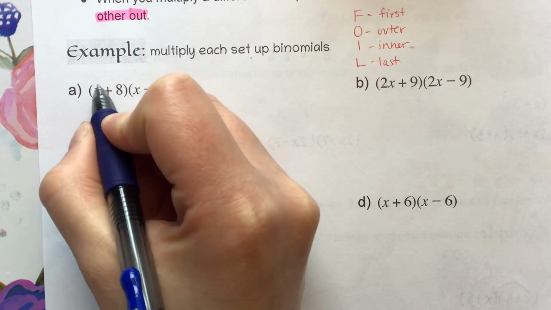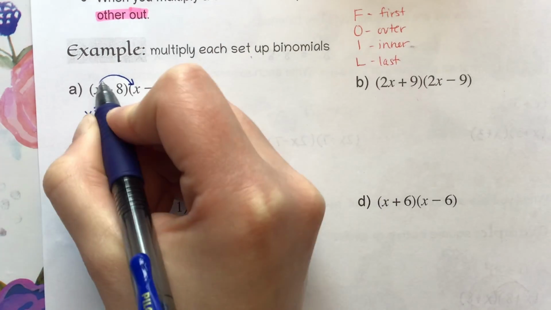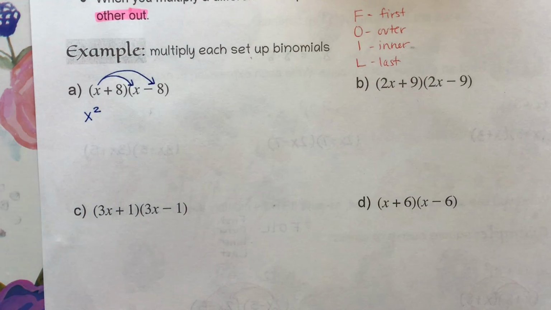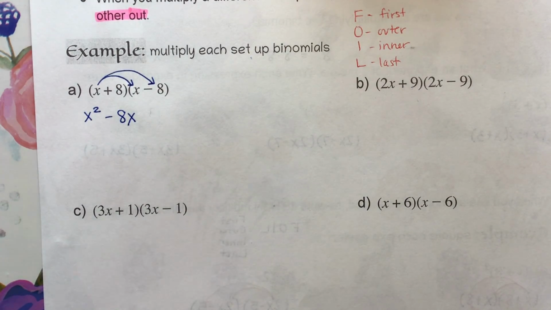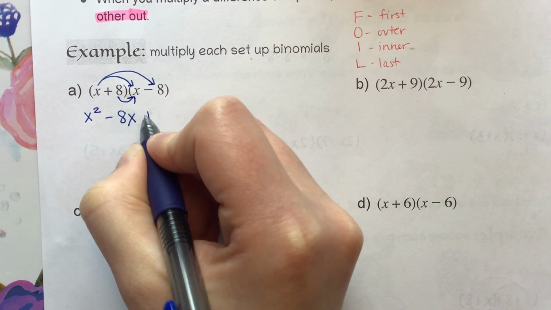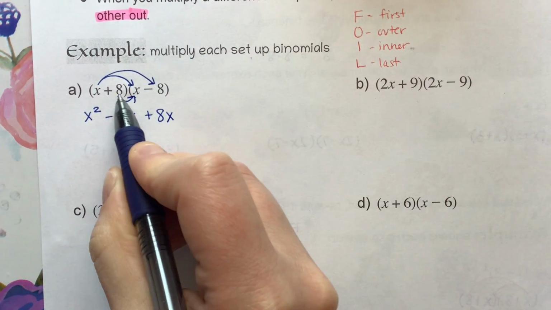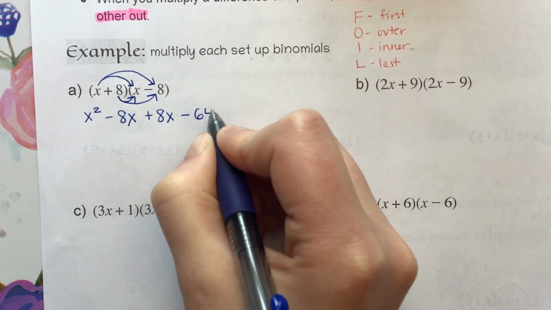Okay, so I'm going to have x times x, which is x squared, and then x times negative 8, which is minus 8x. Then I have positive 8 times x, so that's going to get me plus 8x. And then positive 8 times negative 8 is going to be negative 64.